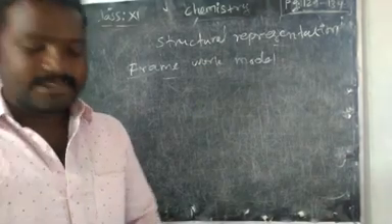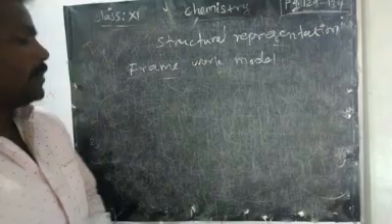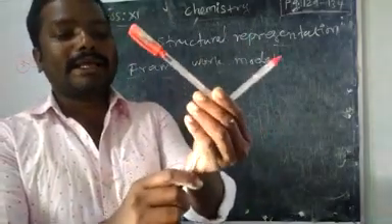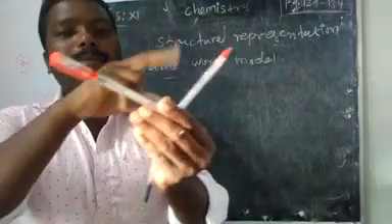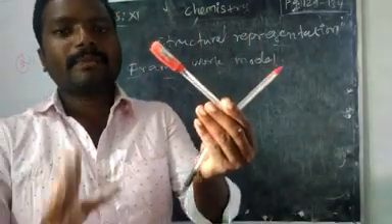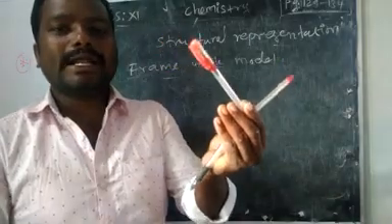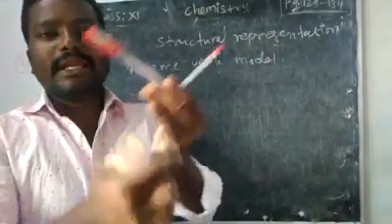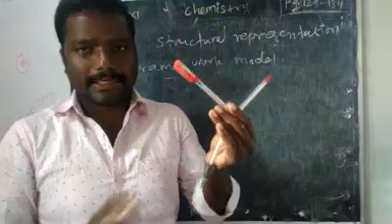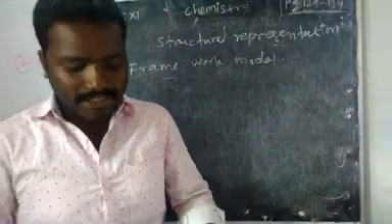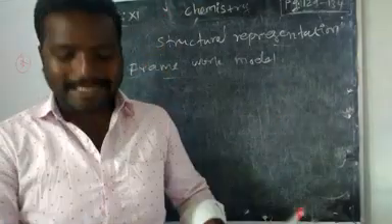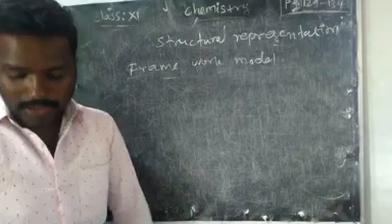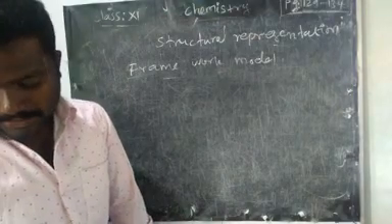So the framework model means you may have only the lines or frame of the compound. It may not represent any carbon atom or hydrogen atom. Only frames. Those lines only indicate the bonds between the atoms. So only the structure, how the bonds are connected between the atoms, is called a framework structure, right?